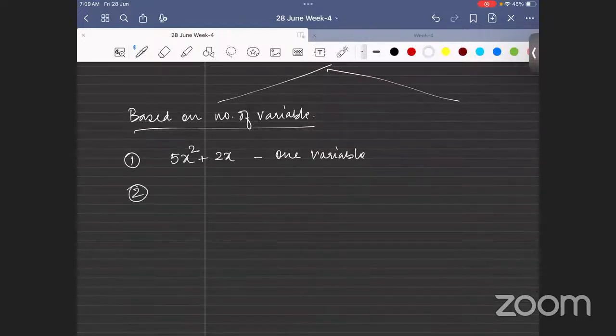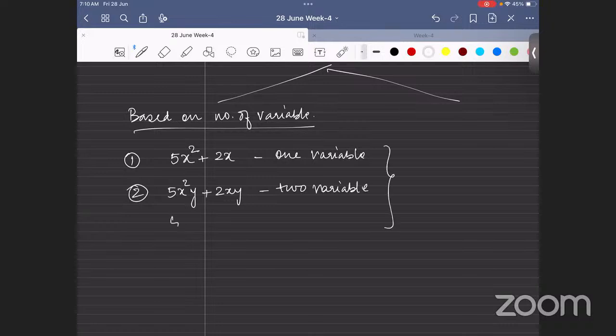Then you can have two variables, like 5x square and then y, so from 2xy or something like that. You have just two variables here, x and y. Then you can have more, for example x, y, z. Here you have three variables, right?